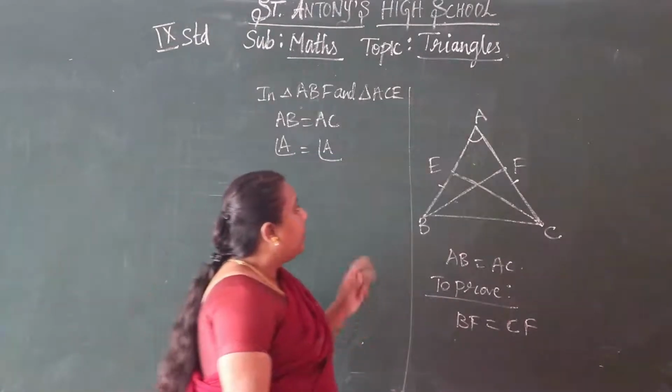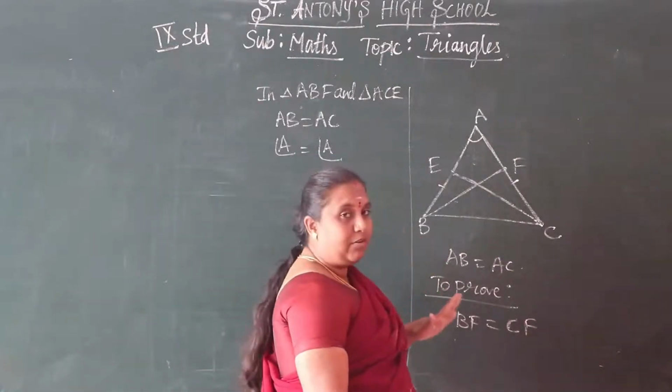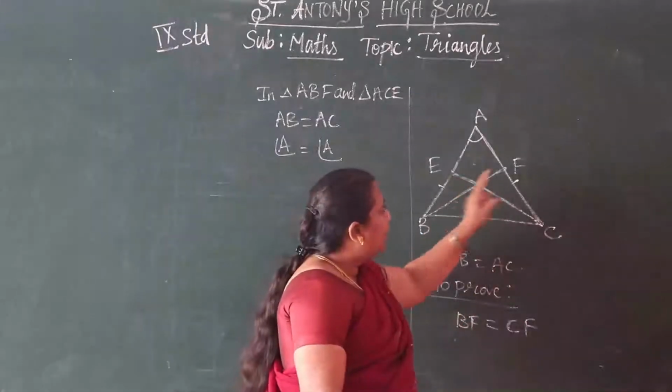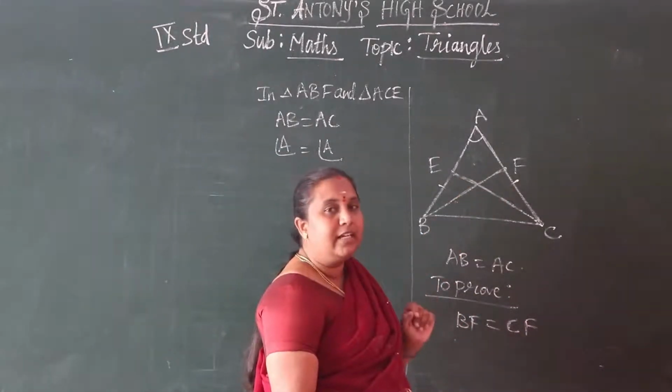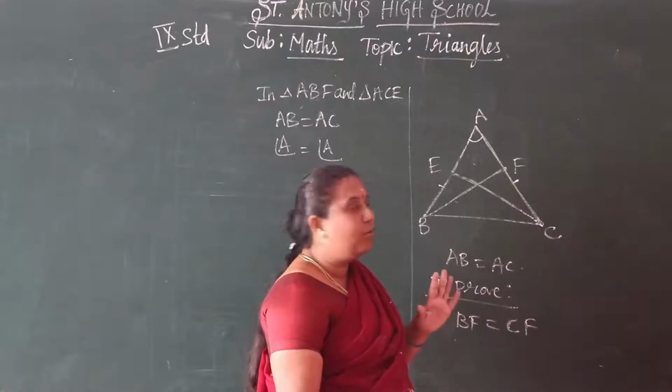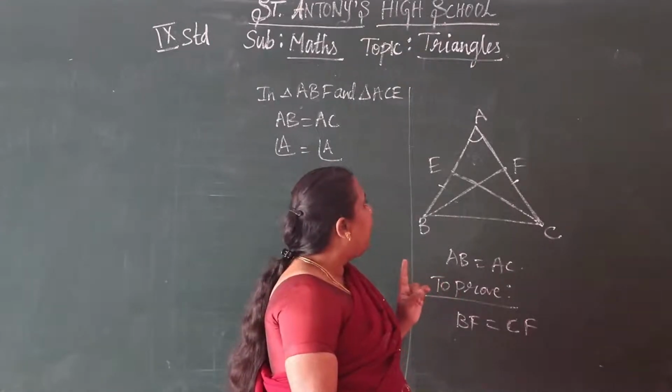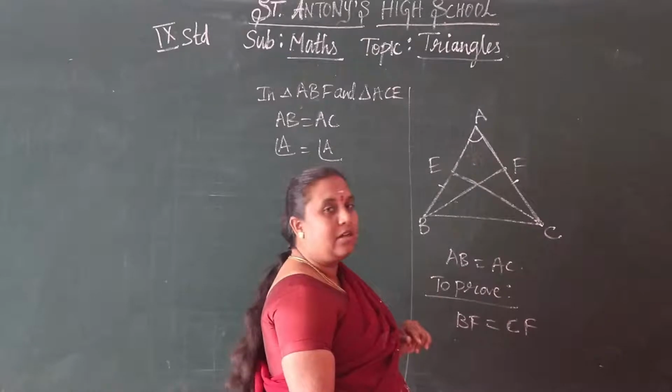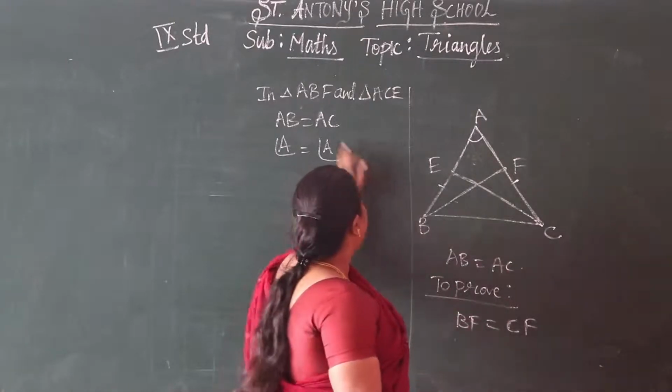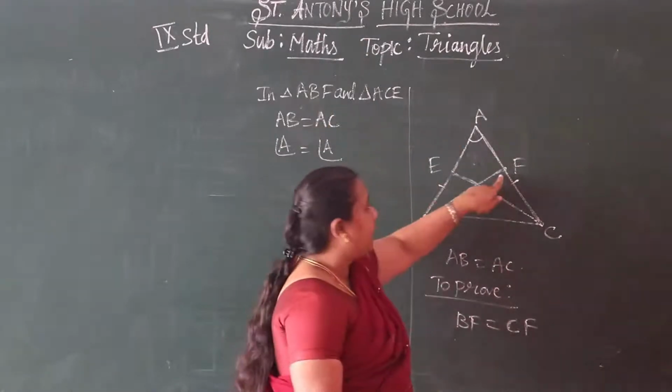And then one more thing we want to say. E and F are midpoints of the equal sides. So here we can take the first triangle ABF.